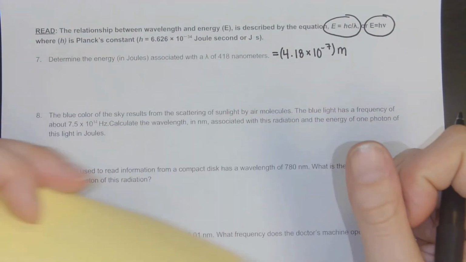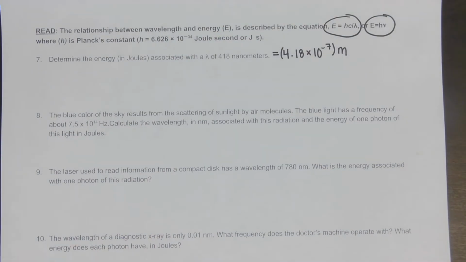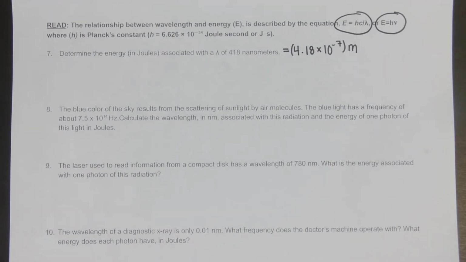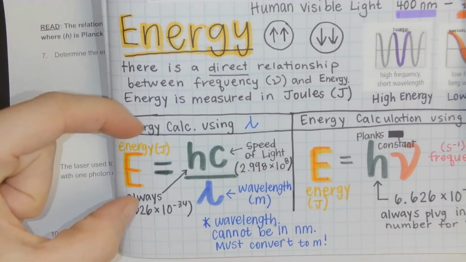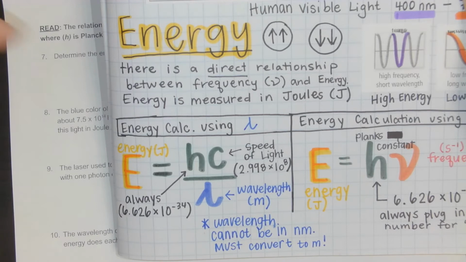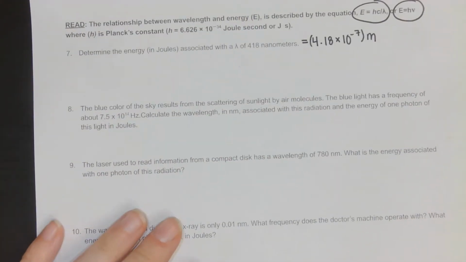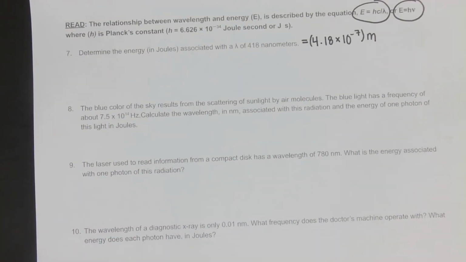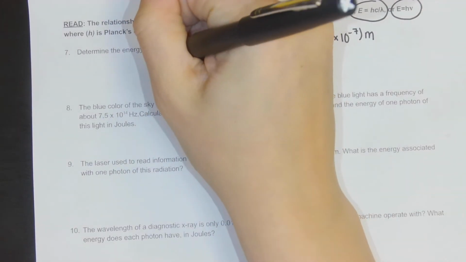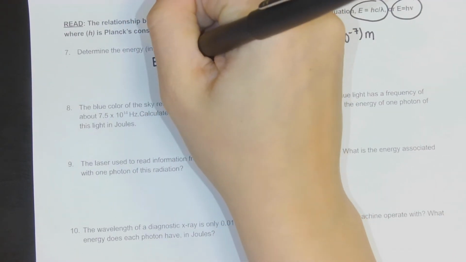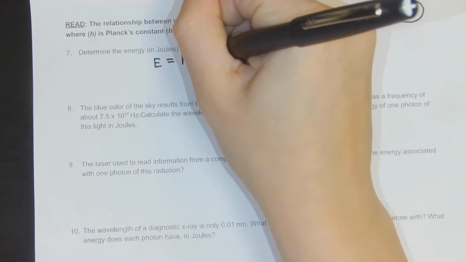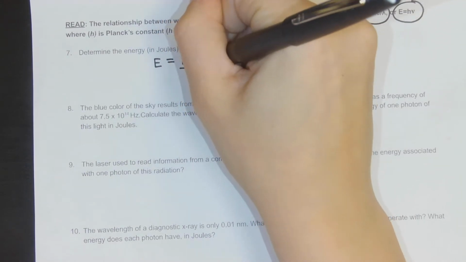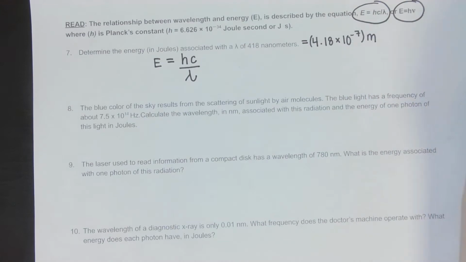I'll move this paper out of the way. And I'm going to copy paste this formula here. Copy, paste. Energy equals H times C divided by wavelength.